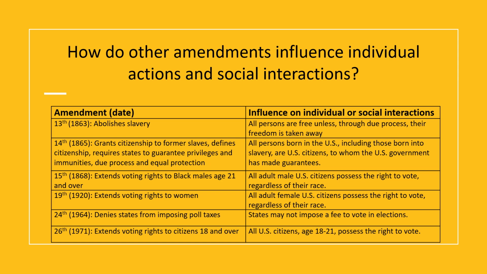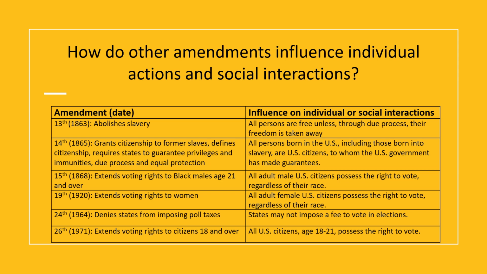The 14th Amendment, all persons born in the U.S., including those born into slavery, were now U.S. citizens to whom the U.S. government has made guarantees. The 15th Amendment, all adult male U.S. citizens now possess the right to vote regardless of their race. All adult female U.S. citizens possess the right to vote regardless of their race.